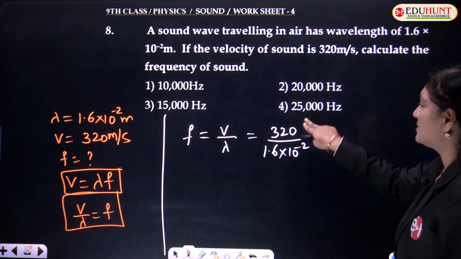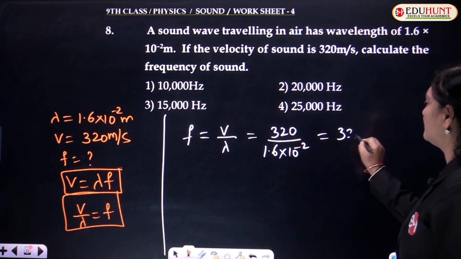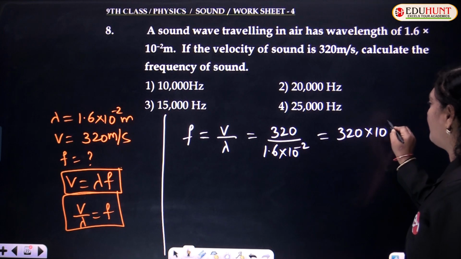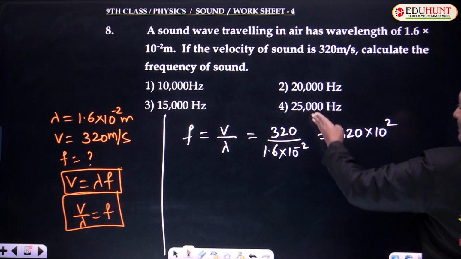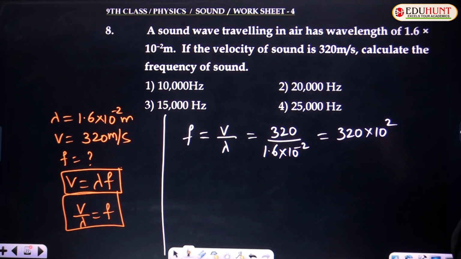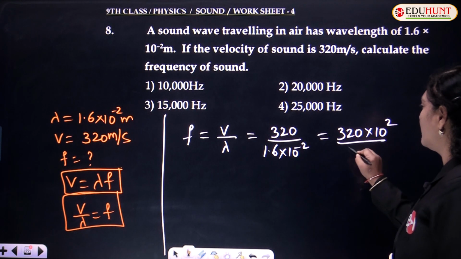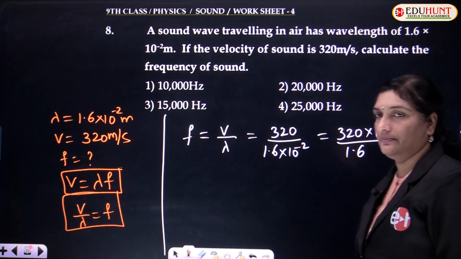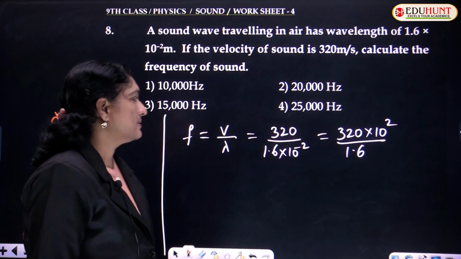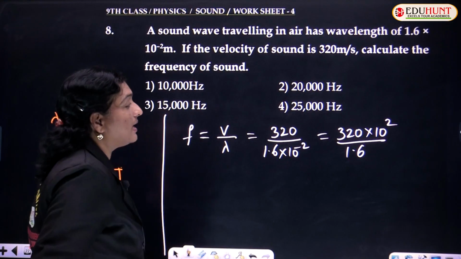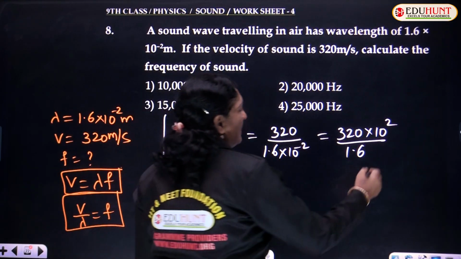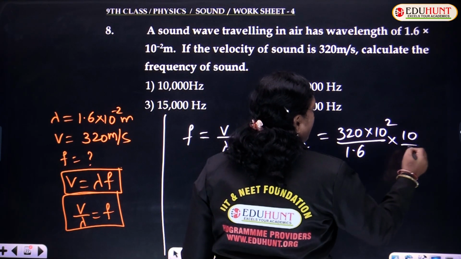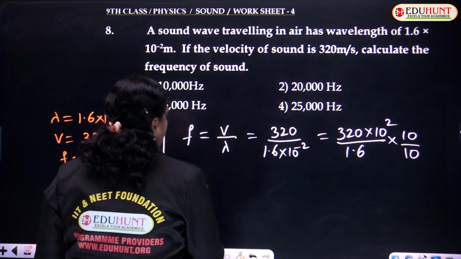So 10 power minus 2, if it is carried upwards, it will become 320 into 10 power plus 2, upon 1.6. Minus 2 brought up becomes plus 2. Let us remove the decimal by multiplying and dividing with 10. So then how much will be the value of F?